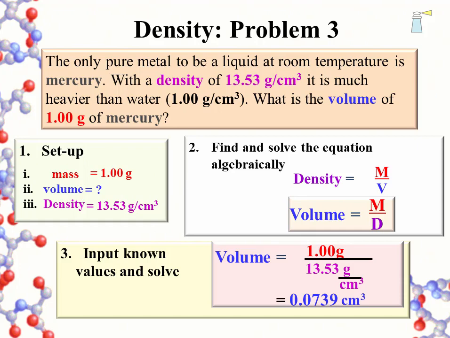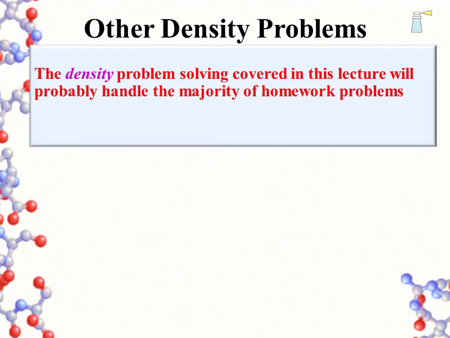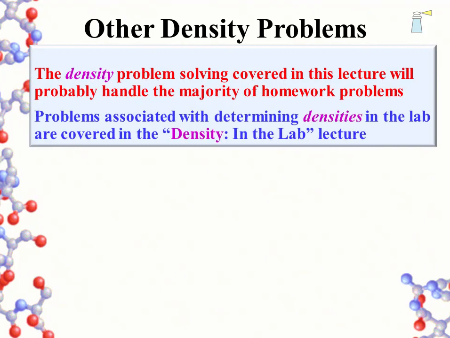3 problems, 3 different solution types, each was solved using the same logical problem-solving procedure. We will attack many of the chemistry problems to come with this same basic approach. We have not, however, addressed all the different types of density problems. The density problem solving covered in this lecture will probably handle the majority of homework problems. Problems associated with determining densities in the lab, that is, using measurements, are covered in the Density in the Lab lecture.